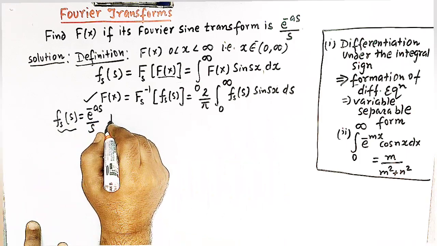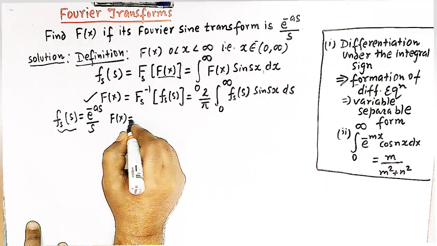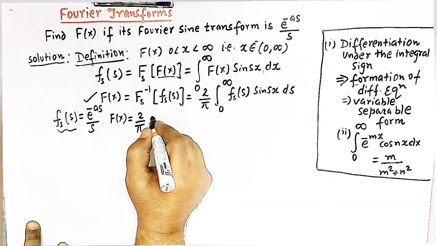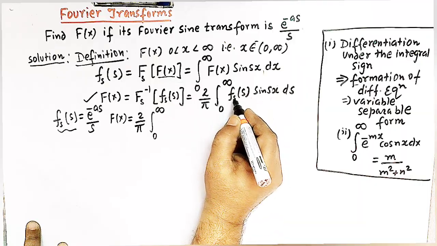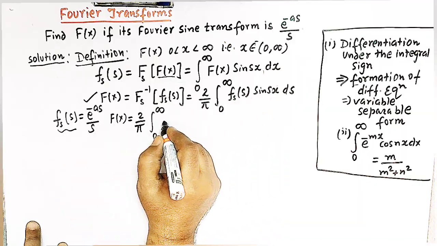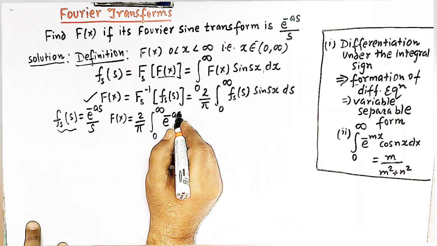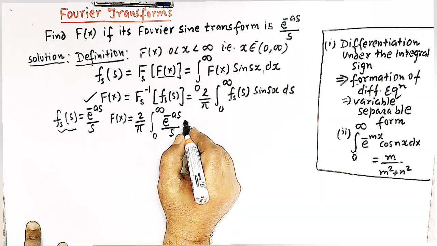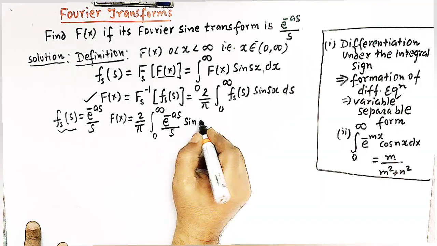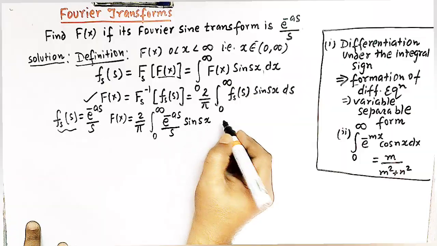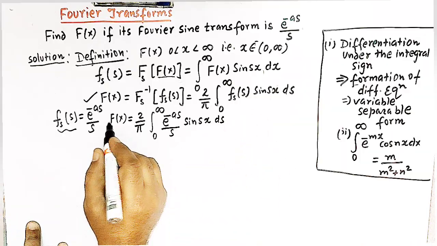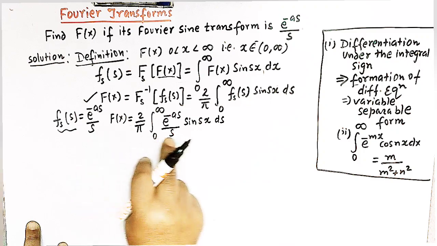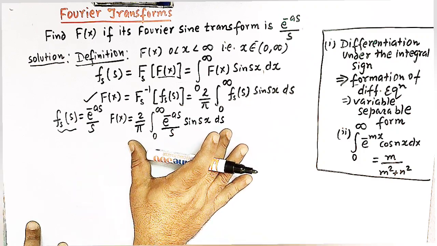So f of x is equal to 2 over pi times the integral from 0 to infinity of e raised to minus as over s, sine s times x, ds. Now we have the function f of x expressed in this way.